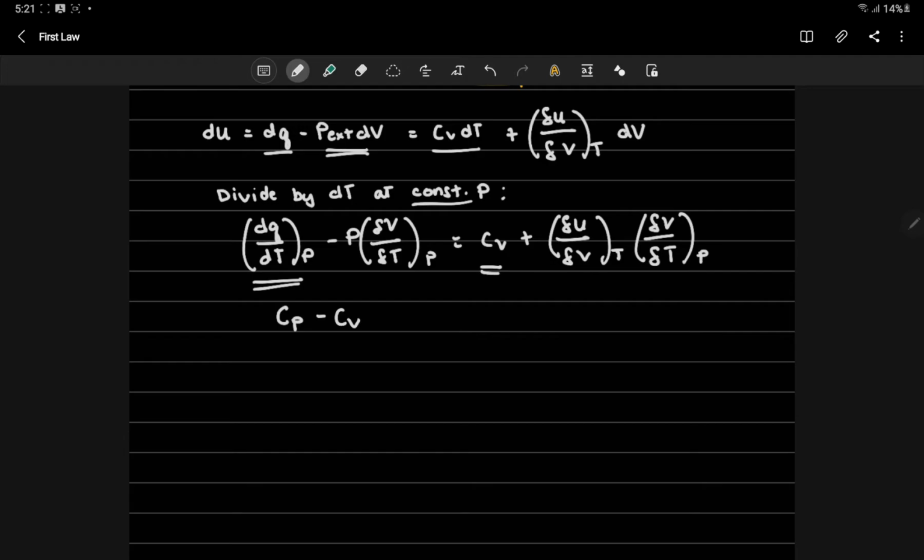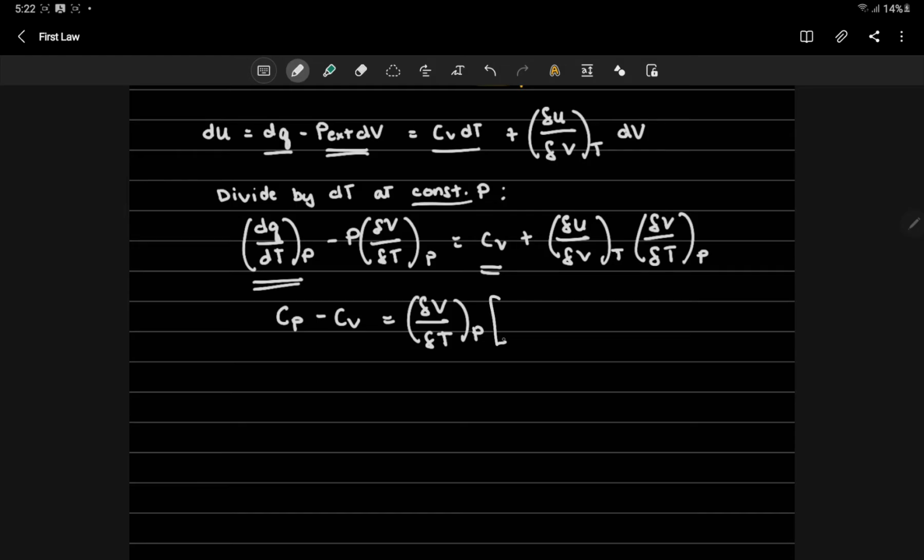Okay. So the others, let's collect them at the right-hand side of the equation. So ano mangyayari? Magiging equal siya sa, if you notice, ang kanilang common factor ay partial derivative of V with respect to T at constant P. Tama? That's their common factor.